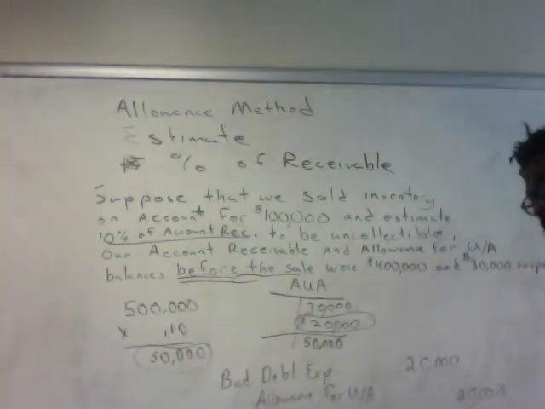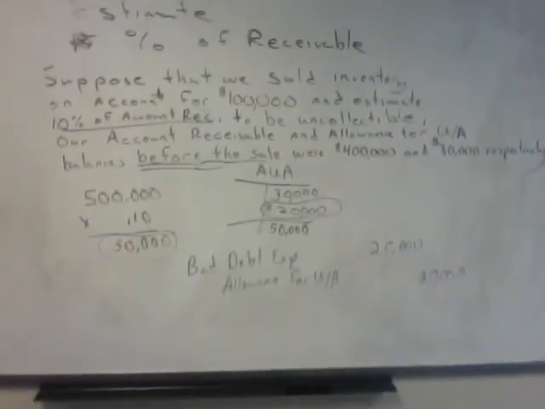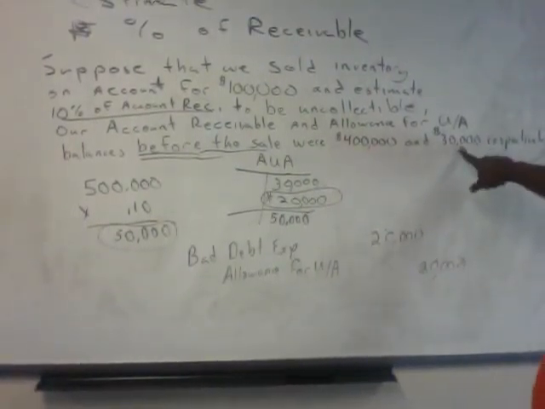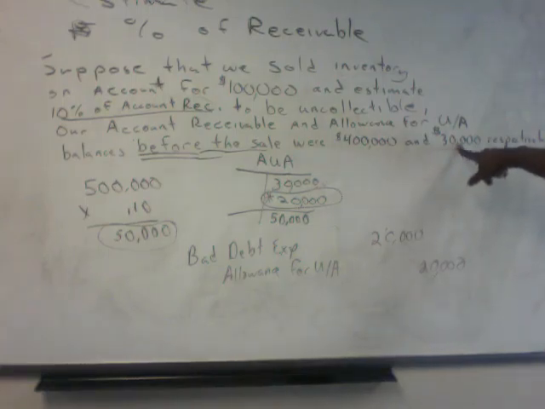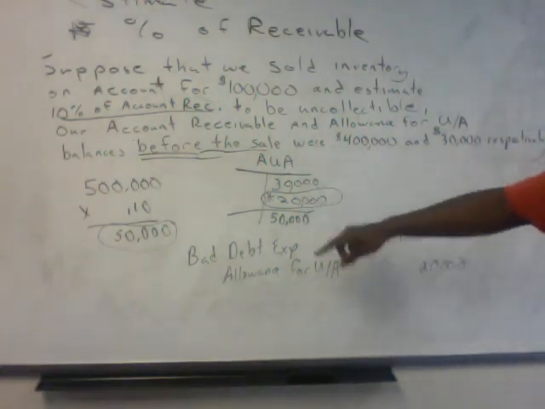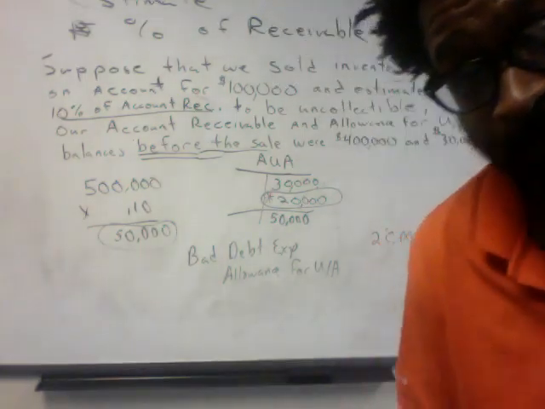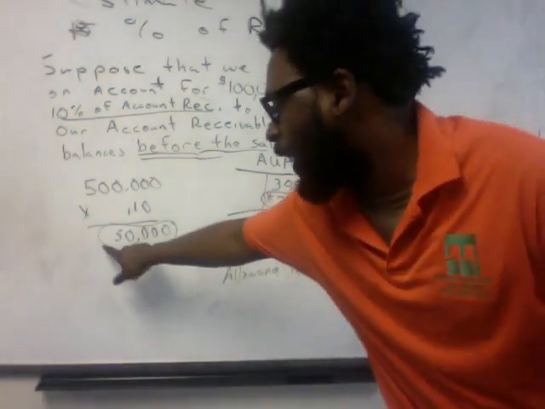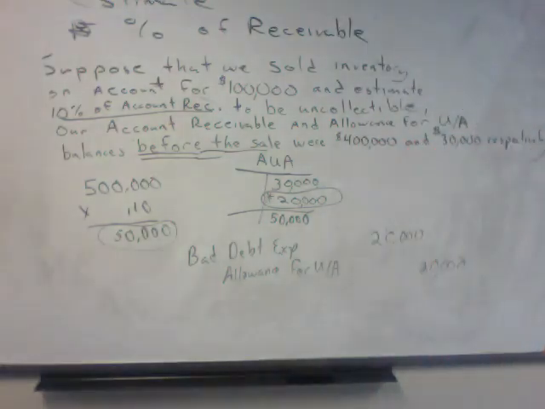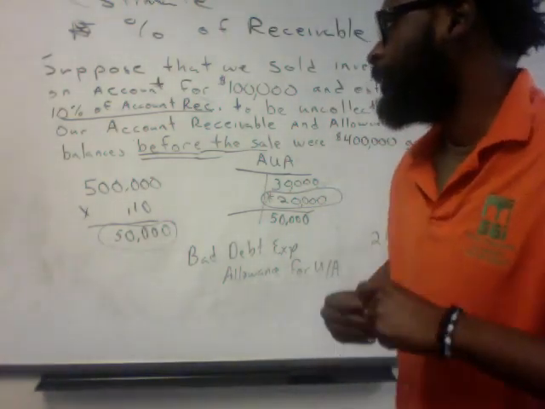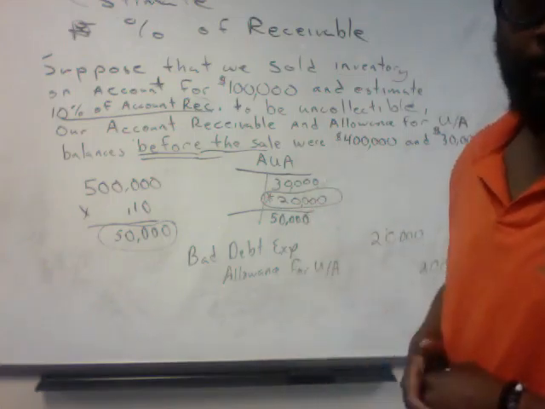So be very careful about that, because if you have an allowance account already, then you have to use the T account to calculate what you need to put in there. If you don't have an allowance account, then it will obviously be the number that you calculated based on the rule that I've given you. Okay? So this is pretty much your estimate portion.